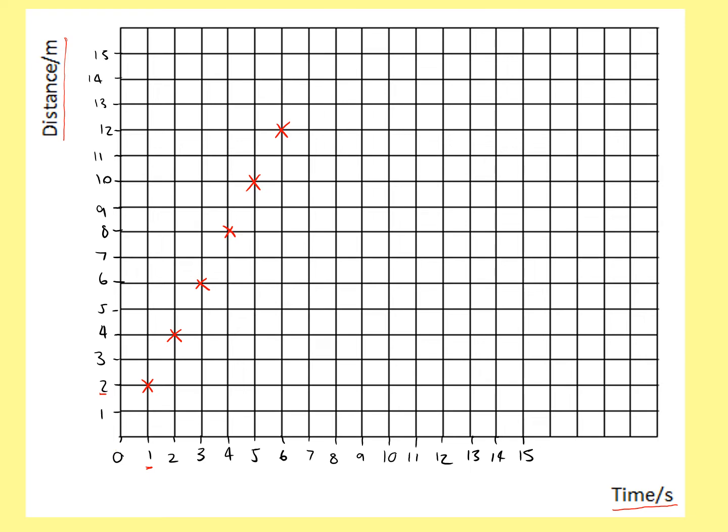After 2 seconds they had gone 4 meters. After 3 seconds, they'd gone 6 meters. After 4 seconds, they'd gone 8 meters. After 5 seconds, they'd gone 10 meters. And after 6 seconds, they had gone 12 meters.